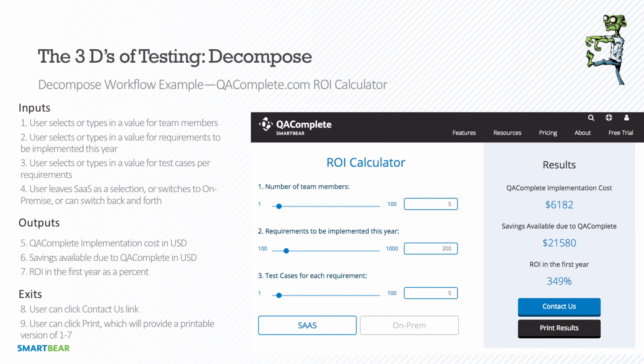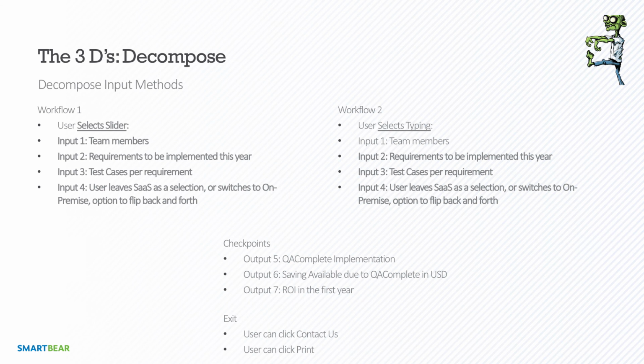So you can get to situations that I don't want as the product guy, and that Bria doesn't want from the marketing side, which is things like seeing a $0 ROI. That's not something we want to present. If I was only testing the slider, I wouldn't have caught that. So those two different inputs, they're common failure points.